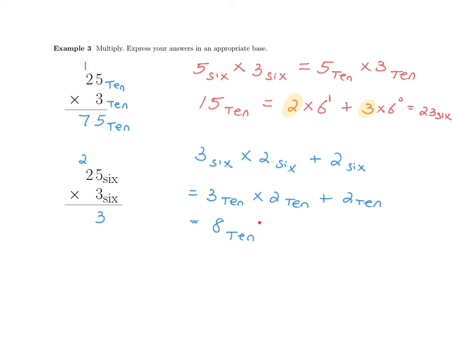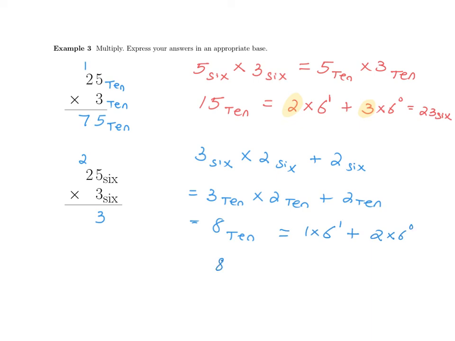I now want to take this base 10 number and convert it to base 6. So to split this up, 8 is 6 plus 2. If I call this 6 to the first, I can put a 1 in front of it. And then here I'll add this 6 to the 0 after the 2.